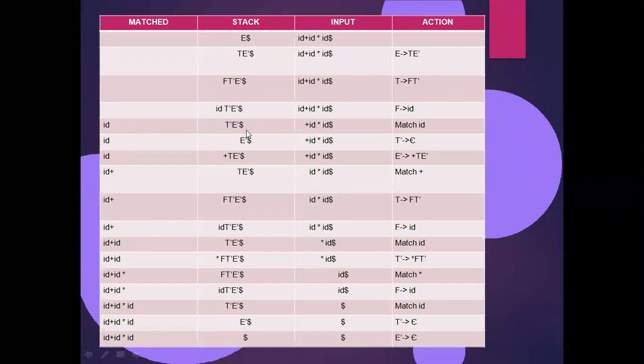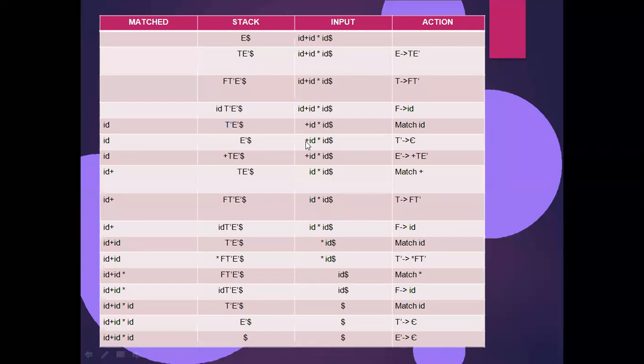And here T dash with plus, move T dash with plus. Here there is no appropriate rule, so in the place of it we are having T dash tends to epsilon. So just place epsilon here. What it means is we are making T dash nullable. And now E dash remains in the stack, and move E dash with plus.